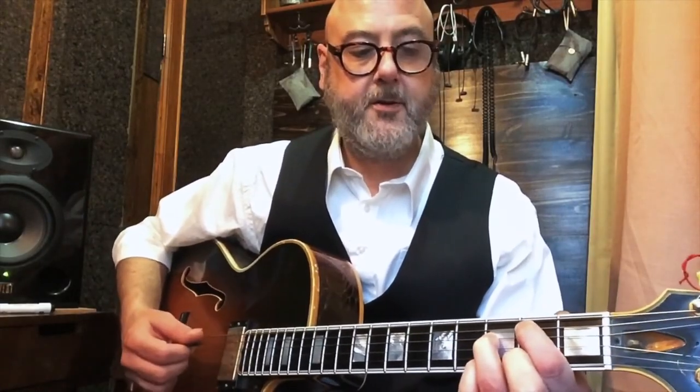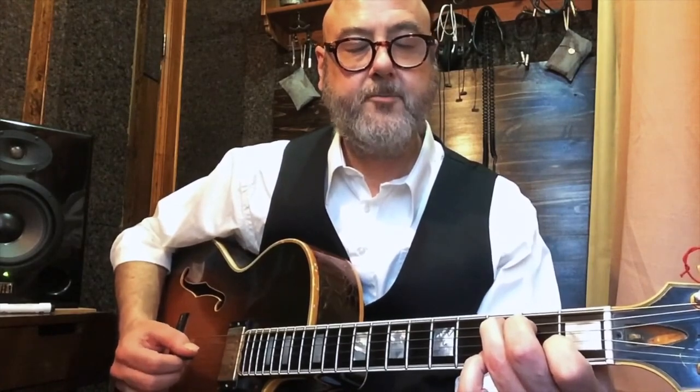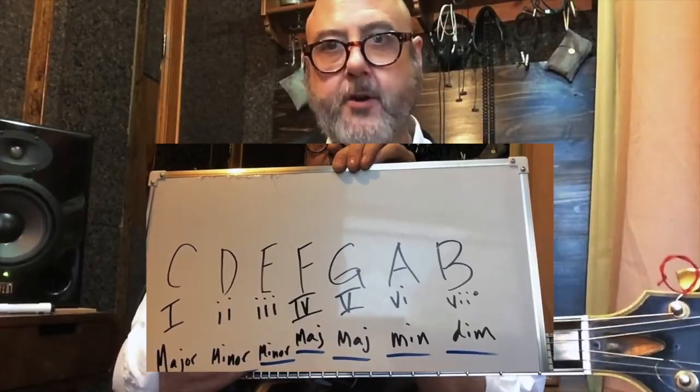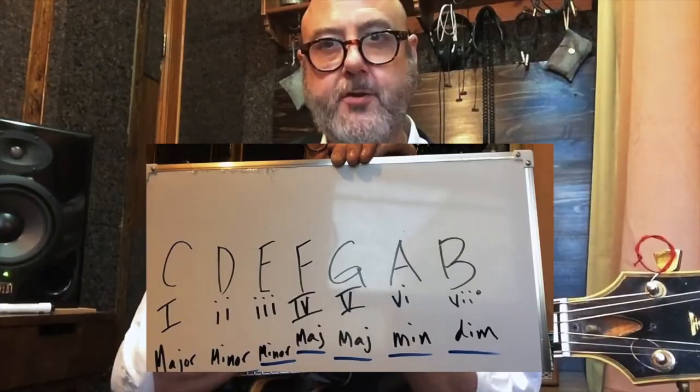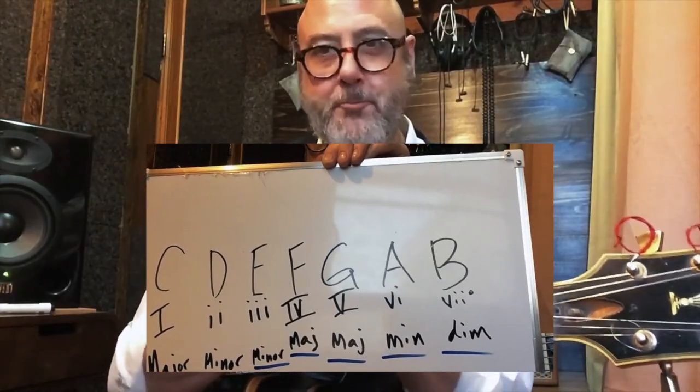A minor. Now there's something called B diminished. Don't worry about that for now. Back to C. So your order of chords, once again: major, minor, minor, major, major, minor, diminished, and then back again.